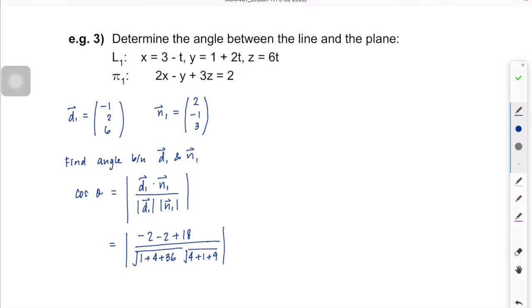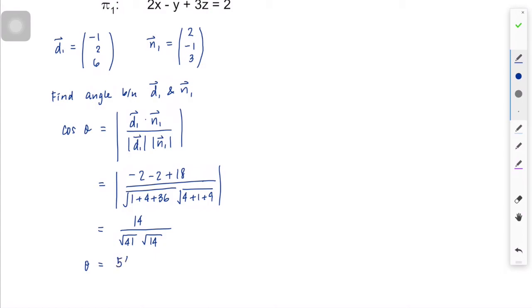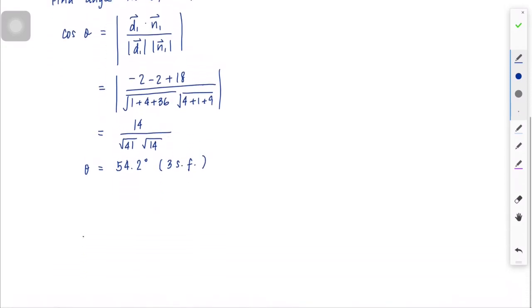What do we have? We have 18 minus 4, 14. In the denominator, 36 plus 4 plus 1 is 41, and then times 14. So this is cosine theta. Taking the inverse cos of this ratio, I get 54.2 degrees, rounded to 3 significant figures.